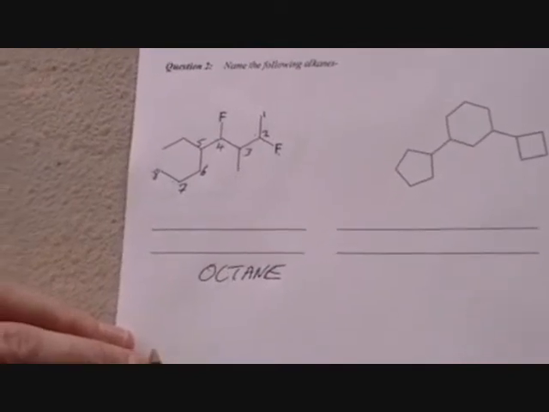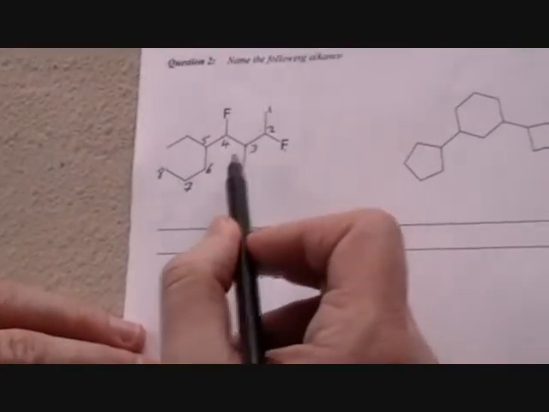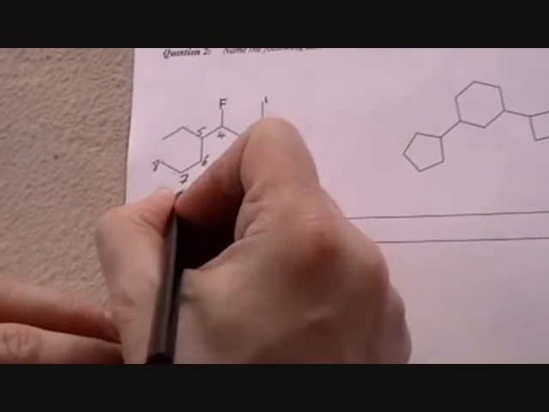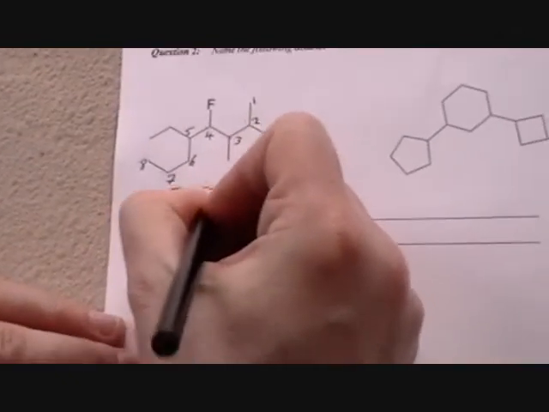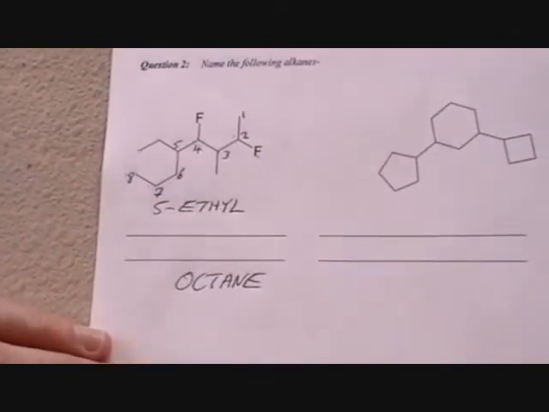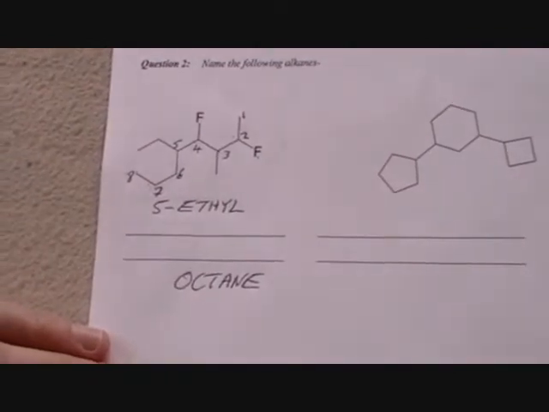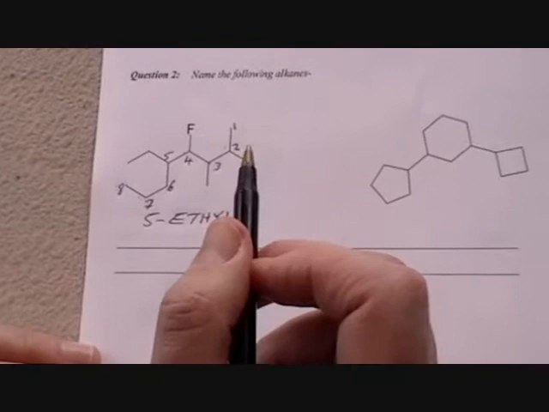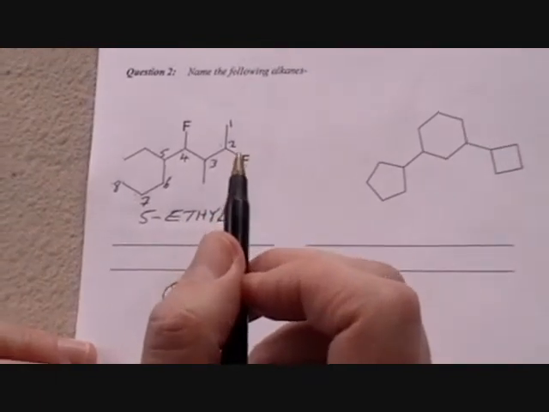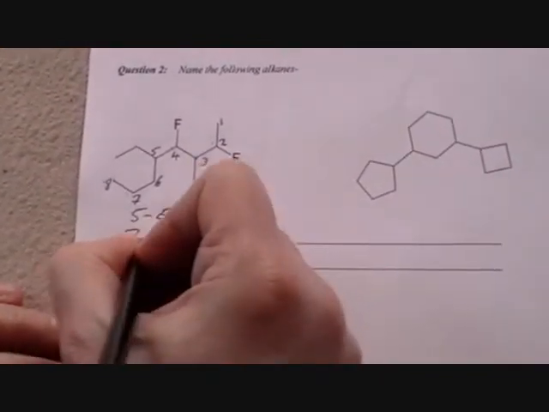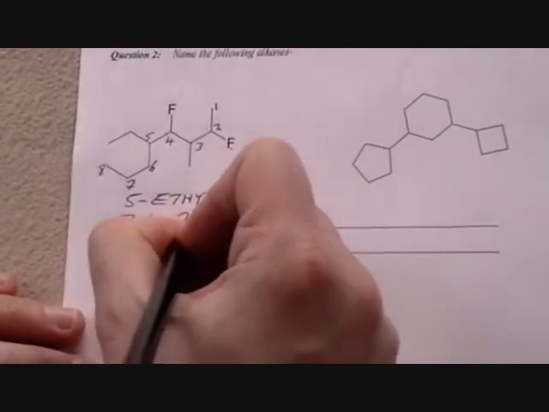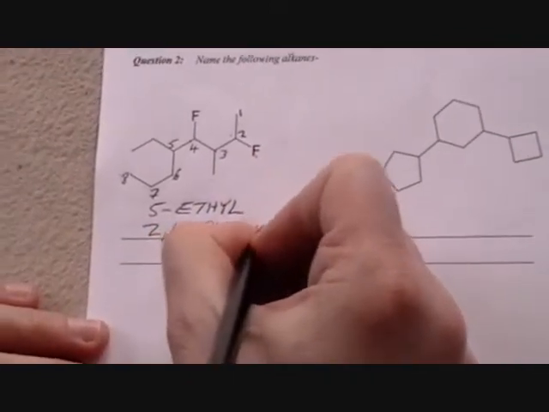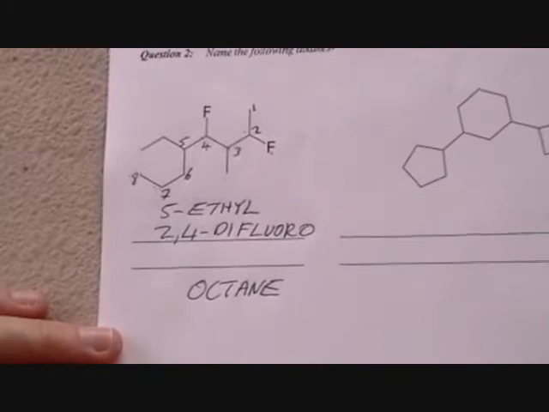So first part to this puzzle is that we've got E for ethyl, so 5 ethyl. The second part of the conundrum is the F for fluoro, so it becomes 2,4 difluoro.